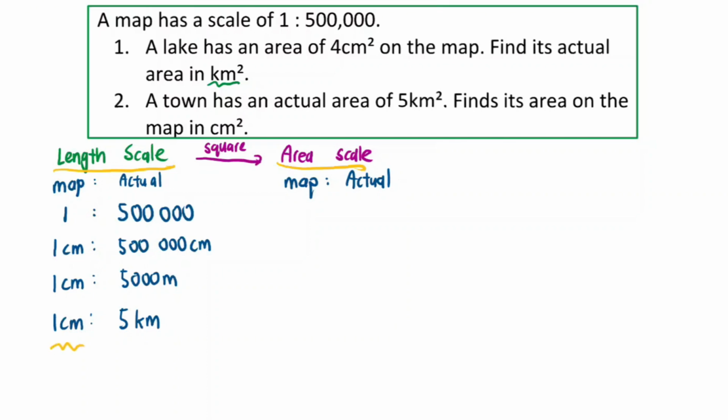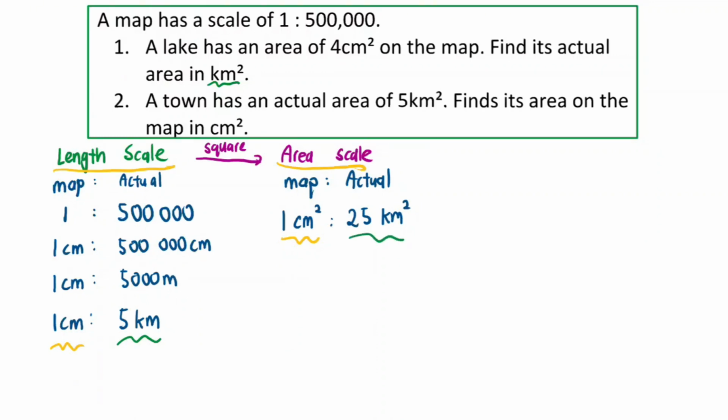So for this 1 cm here, when we square it, we will get 1, because when you square 1, you get 1, and the unit cm becomes cm square. And then for this 5 kilometers on the length scale, when we square it, we will get 25 kilometer square.